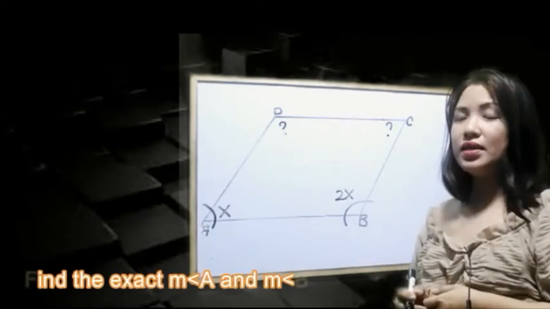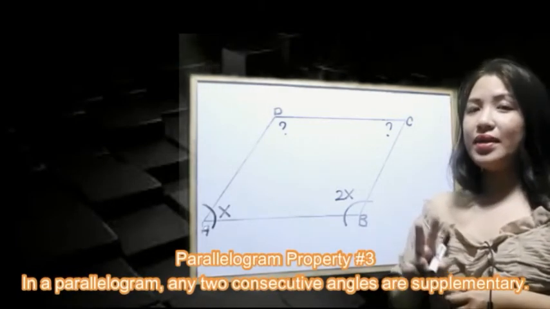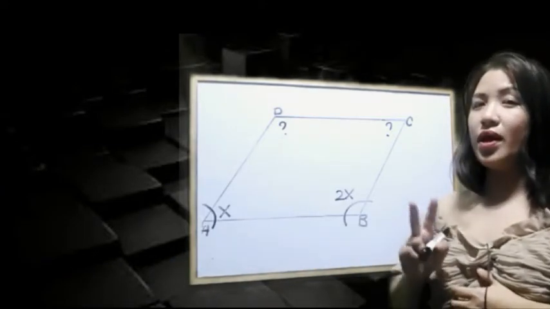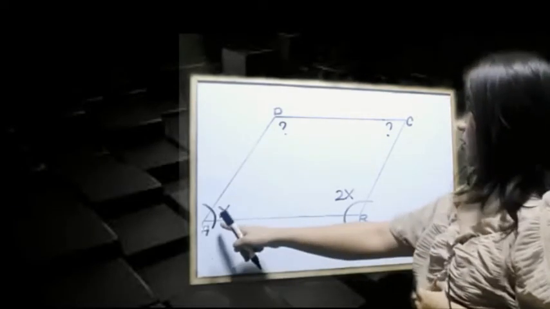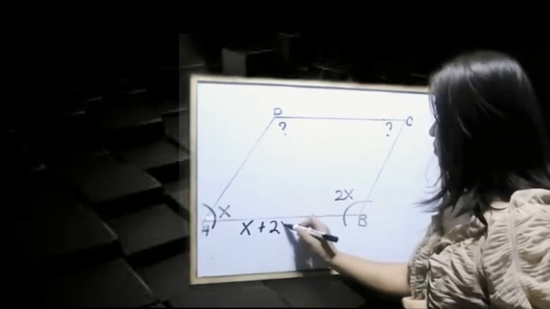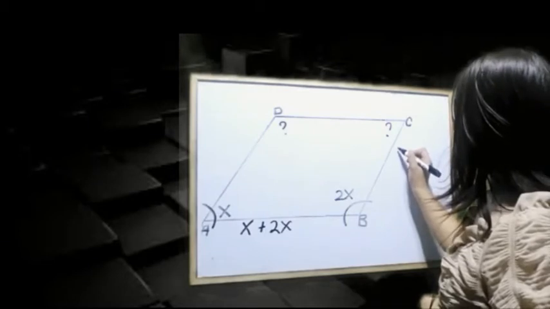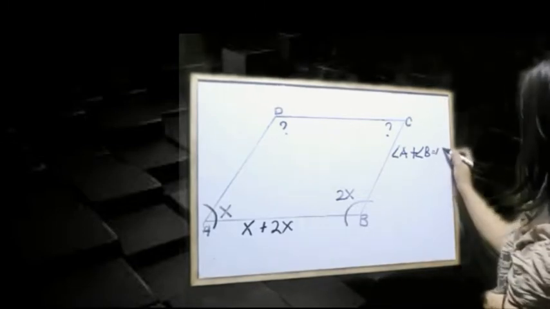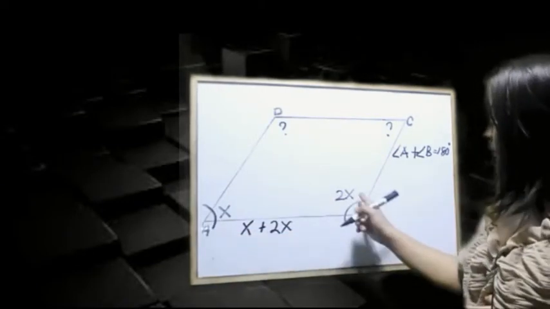We will be applying the third property, which says that in a parallelogram, any two consecutive angles are supplementary. So once again, supplementary angles, when you add those two together, will give you 180 degrees, right? So we'll start first with angle A plus angle B, which must be equal to 180 degrees, wherein angle A is x and angle B is 2x.